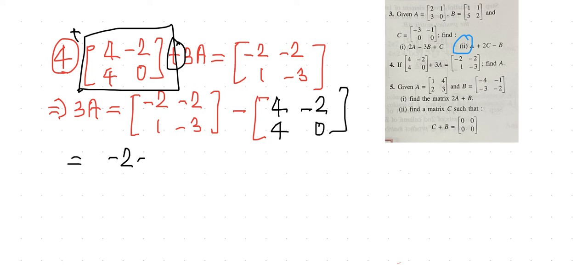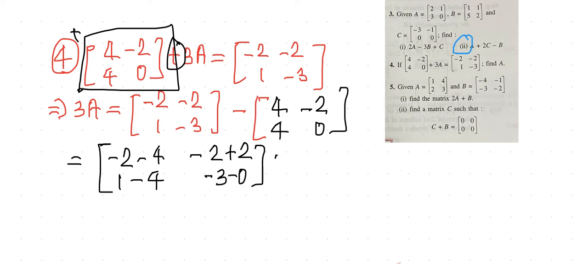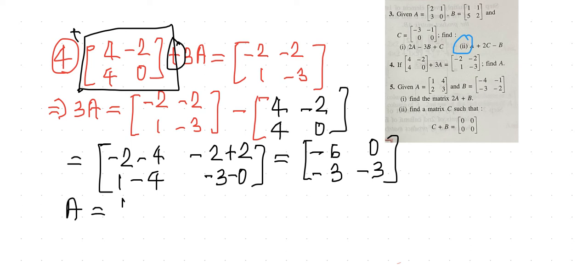So this is minus 2 minus 4, 1 minus 4, minus 2 minus minus 2 is plus 2, and minus 3 minus 0. So this is equal to minus 6 minus 3, 0 and minus 3. Okay, so this is the matrix which I am getting, and now what I have to do, I have to find out A. So A will be equal to 1 upon 3, because children this is 3A.